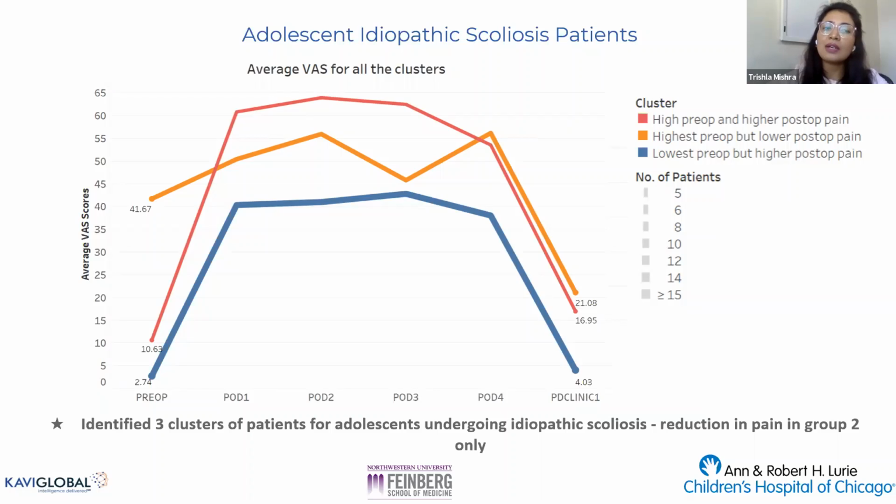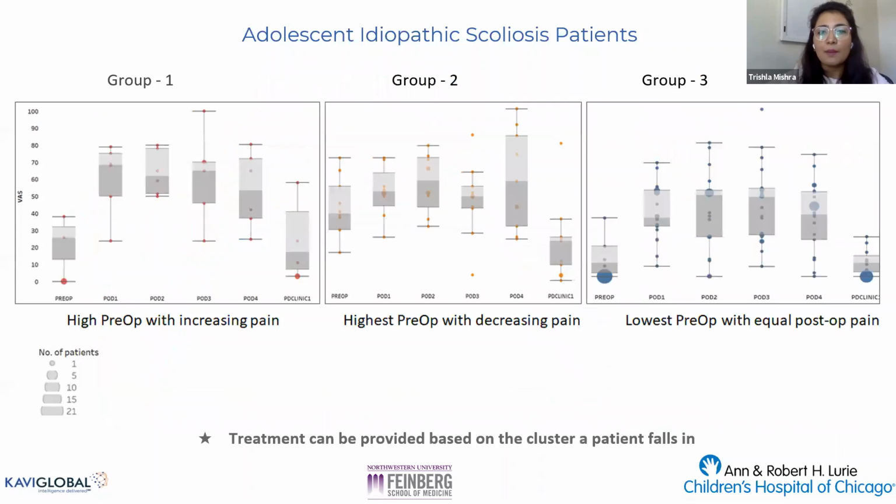Now, keep in mind that these are just the average scores that we have plotted. When we created box plots to do the same, the findings slightly changed. Now you can see 3 groups, but then in group 1, we see a good amount of reporting of pre-op scores and then an increased reporting 1 month later.